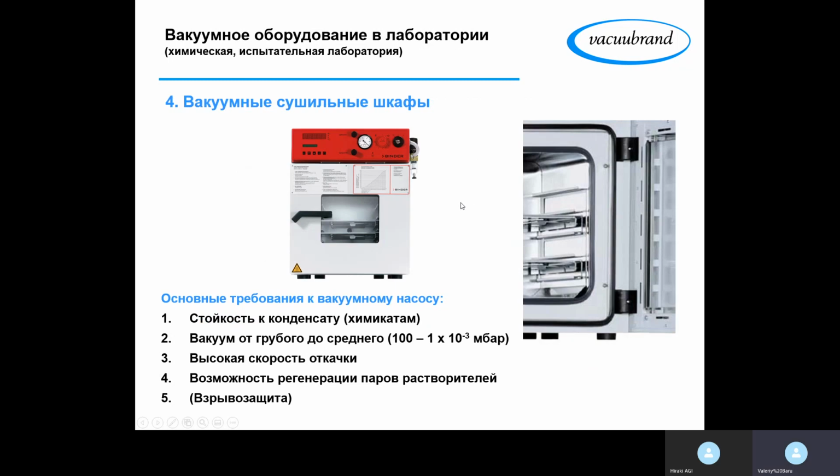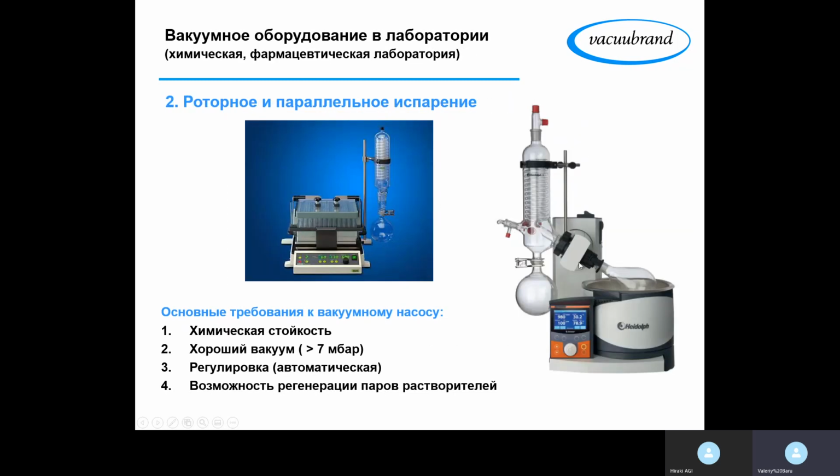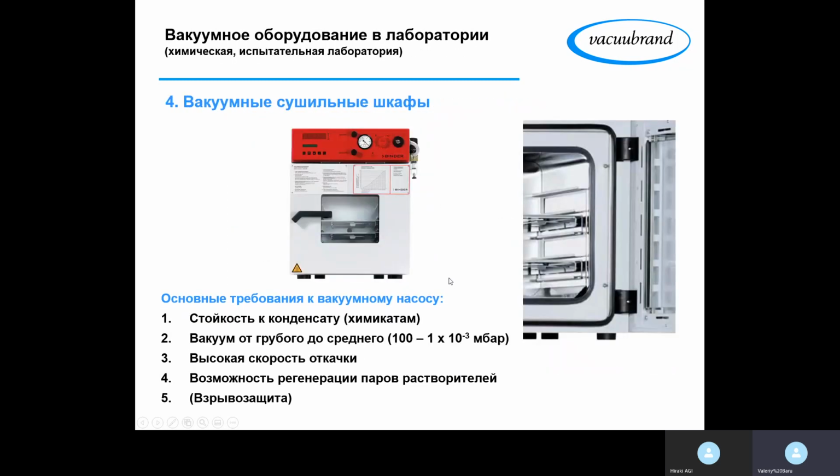The fourth application is vacuum drying chambers, vacuum drying ovens. Requests are pretty much the same as for the rotary evaporator, except for the vacuum level that we need. In this case, as we do not have any rotation like in the rotary evaporator, we can go to a higher vacuum, because we do not need a special design seal.